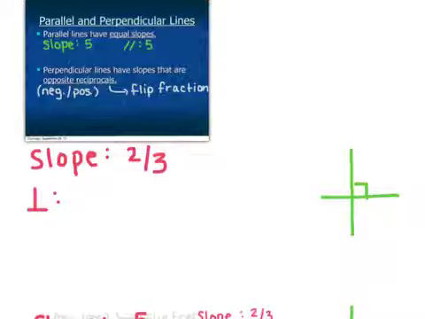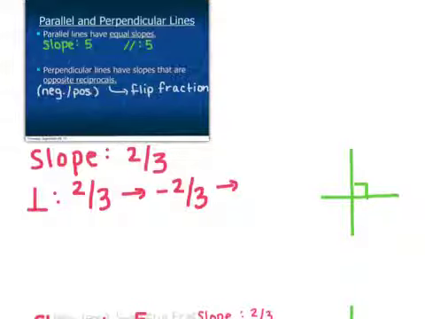So if my slope is 2/3, to make it perpendicular, I would take that 2/3 and make it the opposite, so I would make it negative 2/3. And then I would flip it over. And when I flip it over, that negative can just hang out up front. It wouldn't be wrong if you attached it directly to the 2, but it would end up being negative 3/2. So you can see that this and this are opposites of each other because one's positive, one's negative, and then all I did was take this one and flip it around to make that one.